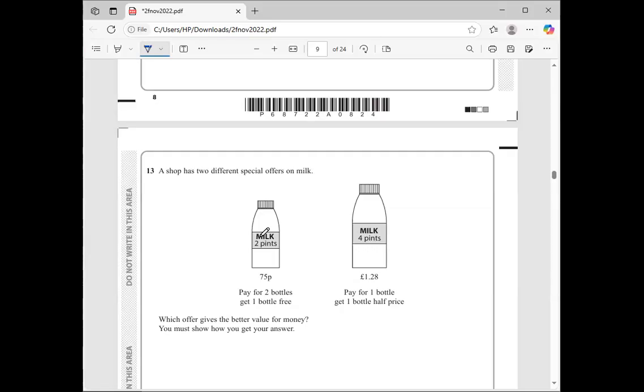If you pay for 2 bottles for the milk, 2 pints, 2 bottles, is it not 75 times 2? Yes. Sorry, my bad. It's going to be 75 times 2.